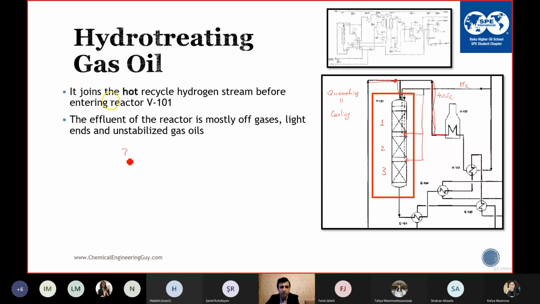And the question: why do we use hydrogen as quenching between the first and second, and the second and third reaction zones? Why do you think we need hydrogen to quench or cool down the stream between the reaction zones?